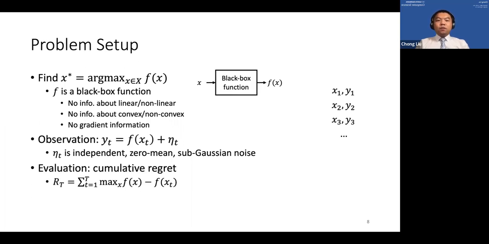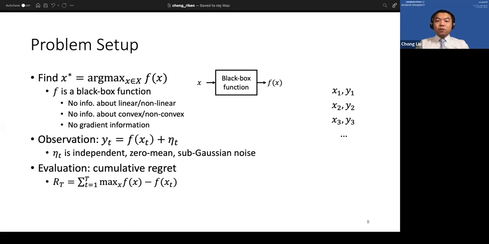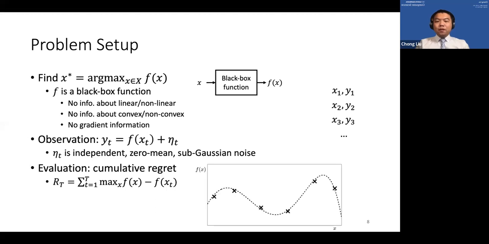So in this whole process, I'd like to define the cumulative regret as an evaluation metric, which is defined as follows. This is the summation over the suboptimal gaps. I'd like to use a one-dimensional example to help you understand the definition. So here I have 6 observed data points.